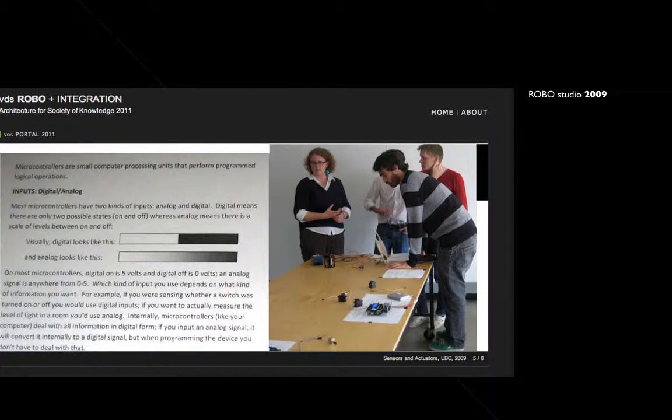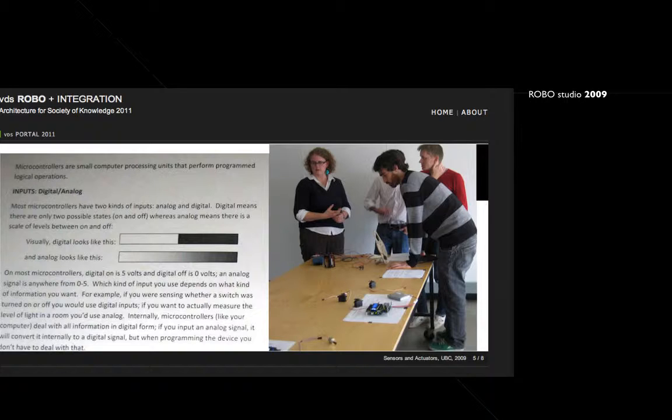This is one of the early VDS Robo studios from 5 years ago in Canada, where we were trying to assemble the first working prototypes, and I like this description of the studio, which makes a distinction.